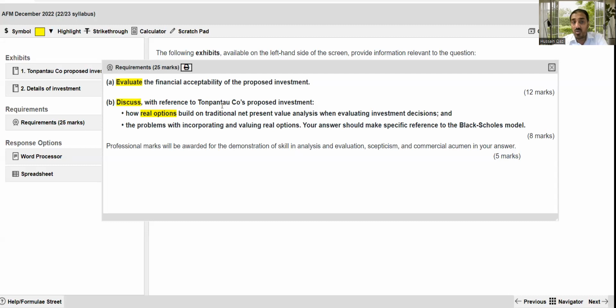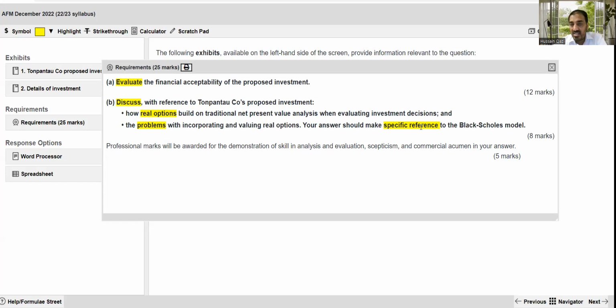Discuss with reference to Tonpantau company's proposed investment, how real options build on traditional NPV analysis when evaluating investment decisions, and the problems with incorporating and valuing real options. Your answer should make specific reference to Black-Scholes. So here the examiner uses the terminology reference at 2 points.